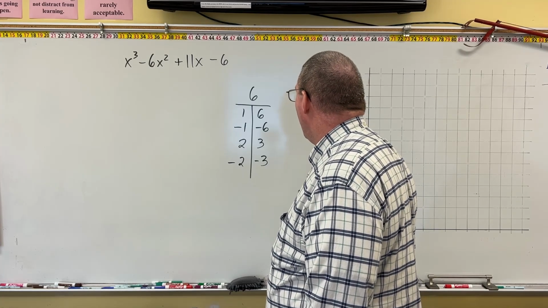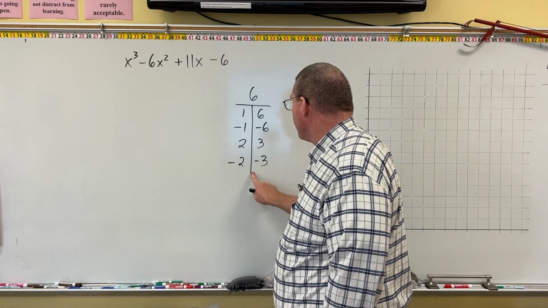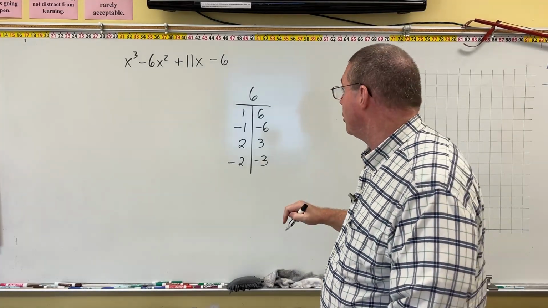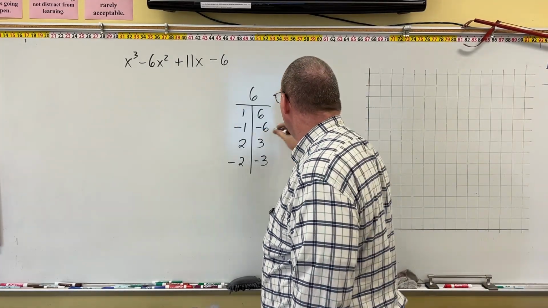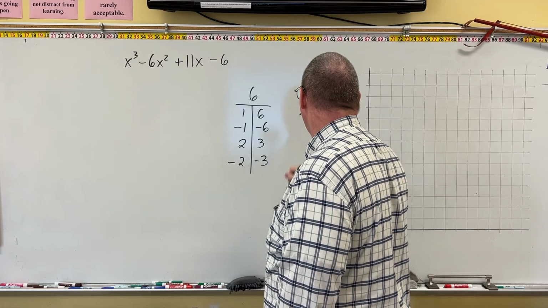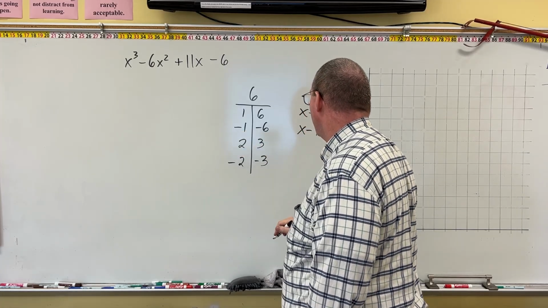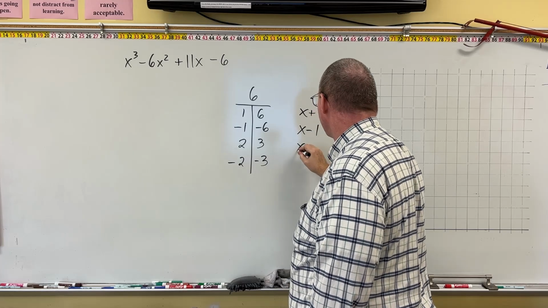And so here's what I want you to know: these numbers are all the numbers that you can use to try out and do division. For example, 1 is x plus 1. -1 is x minus 1. 2 is x plus 2.